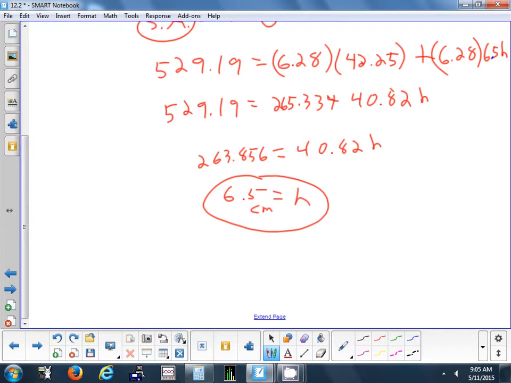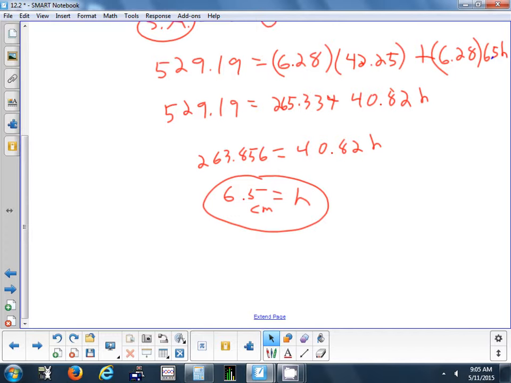Radius or diameter would still have a label of centimeters. Why not centimeters squared? Yeah, it's not measuring area. Height is not area. Height is one-dimensional. It's just a measurement of length. So, perfect. Any questions on that?